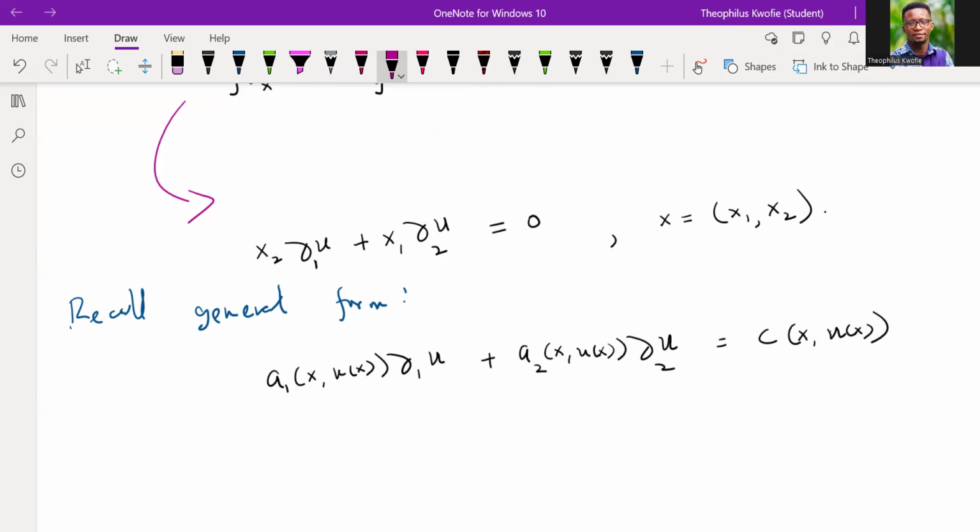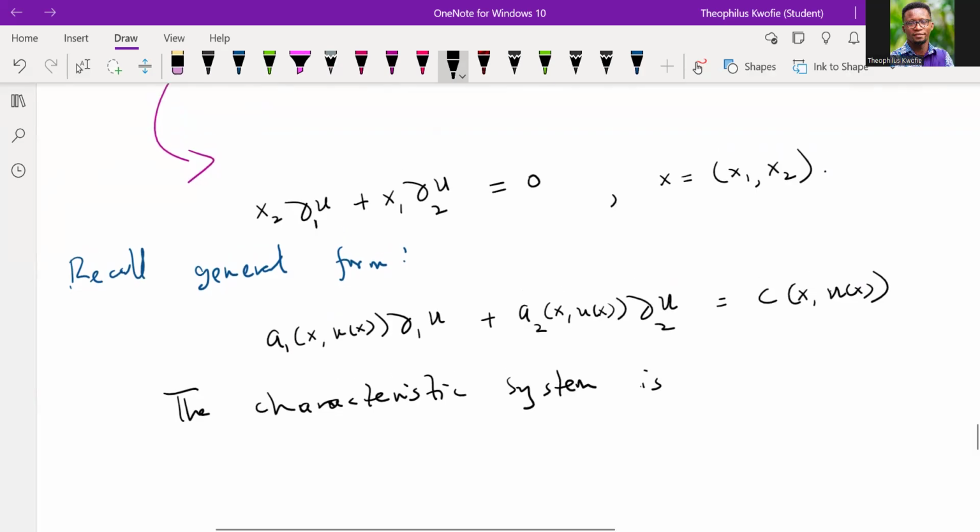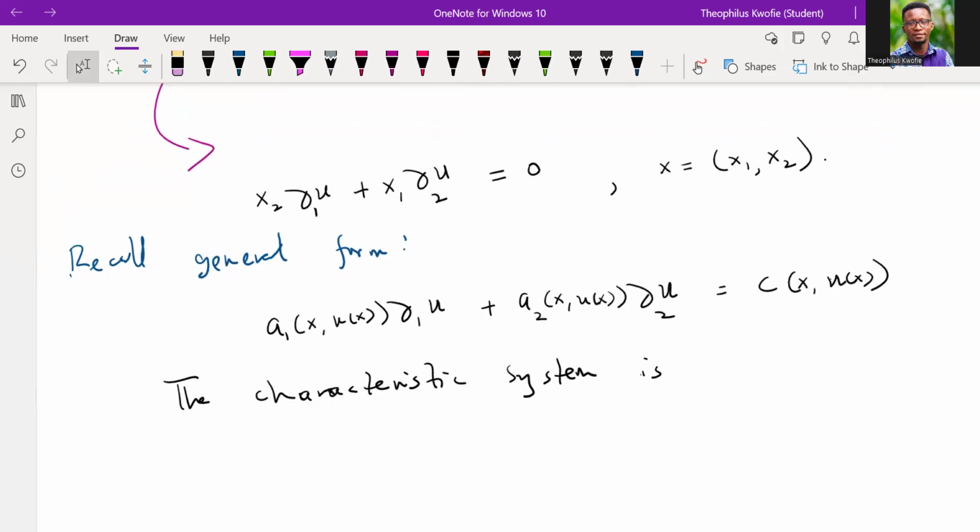So this means that the characteristic system will become the following.